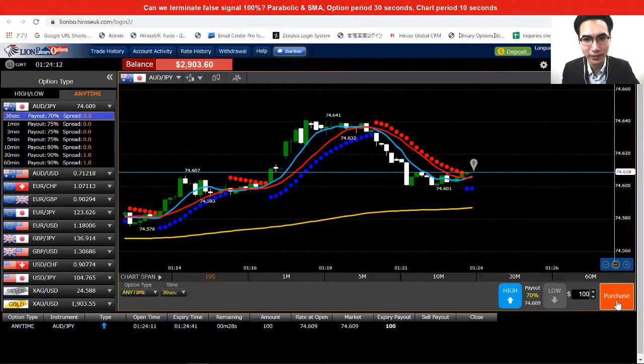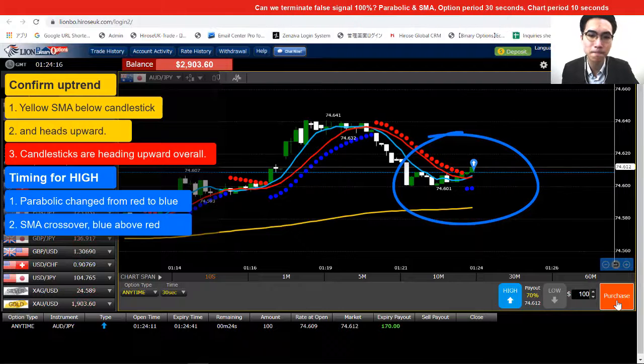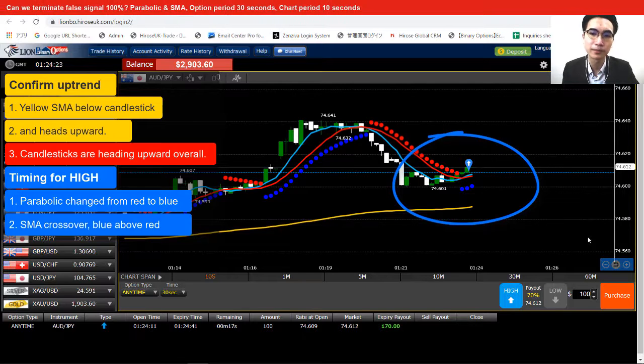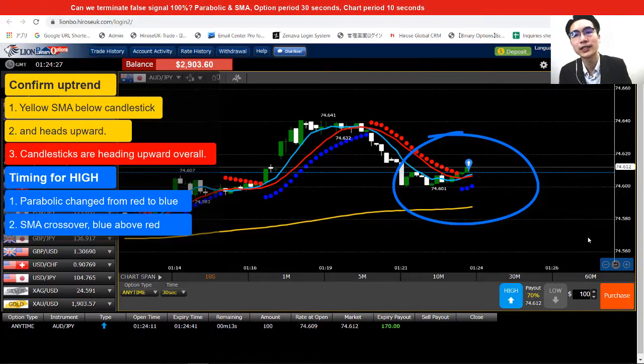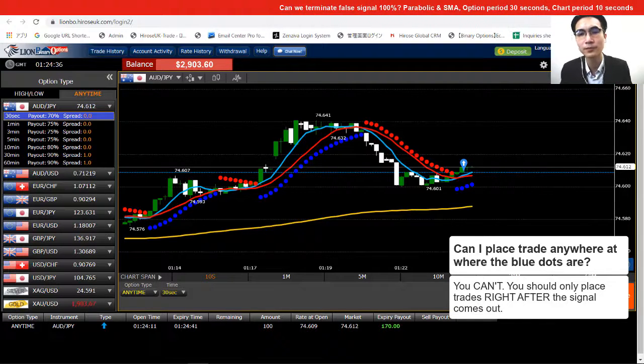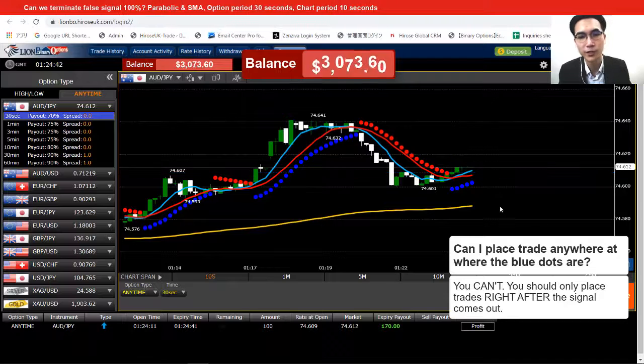Okay, so now there we go, and I confirm that it's an uptrend. The red dot changed to a blue dot, and there's a simple moving average crossover. The blue line is above the red line. So that comes to another question: can I open a position in the middle of the development of the price, for example, open a high option before or after the simple moving average crossover?